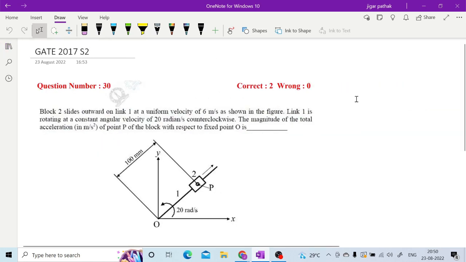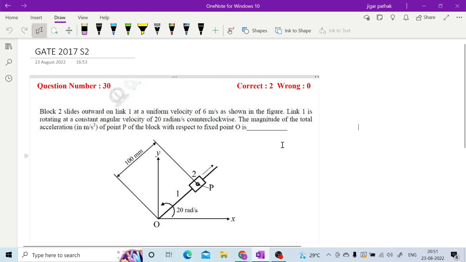So now let us go for the next question. Again you have to type in your answer. Let me read the question. Block 2 slides outward on link 1 at a uniform velocity of 6 meter per second as shown in the figure. Now link 1 is rotating at a constant angular velocity of 20 radian per second counterclockwise. The magnitude of the total acceleration of point P of the block with respect to fixed point O is.